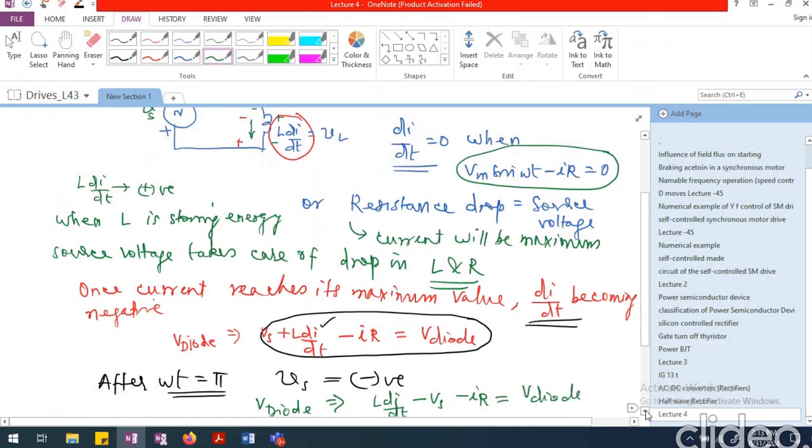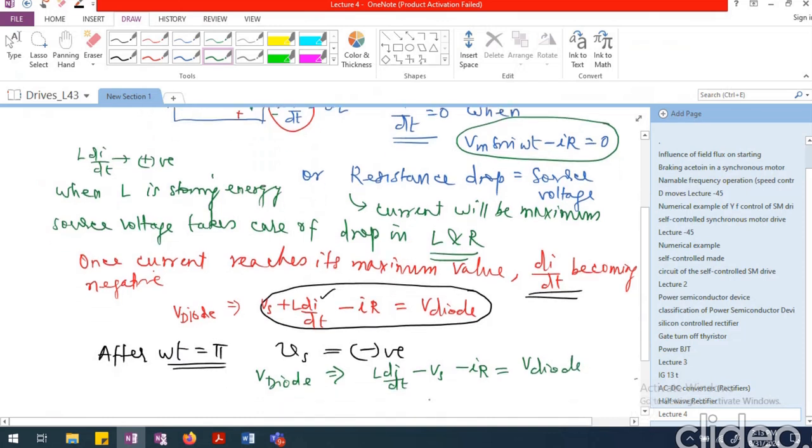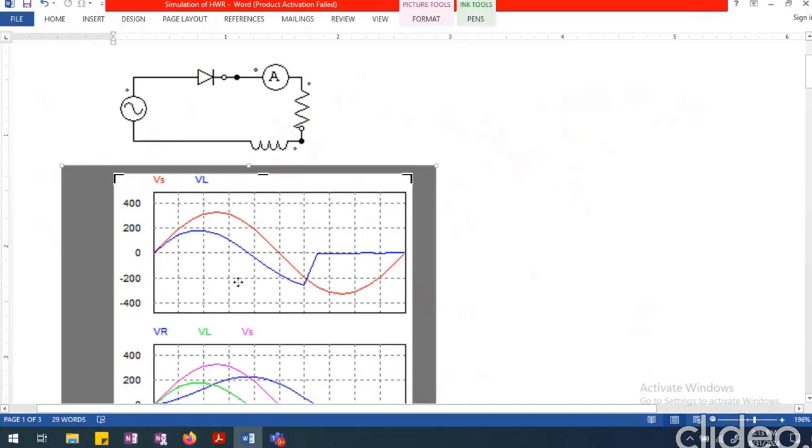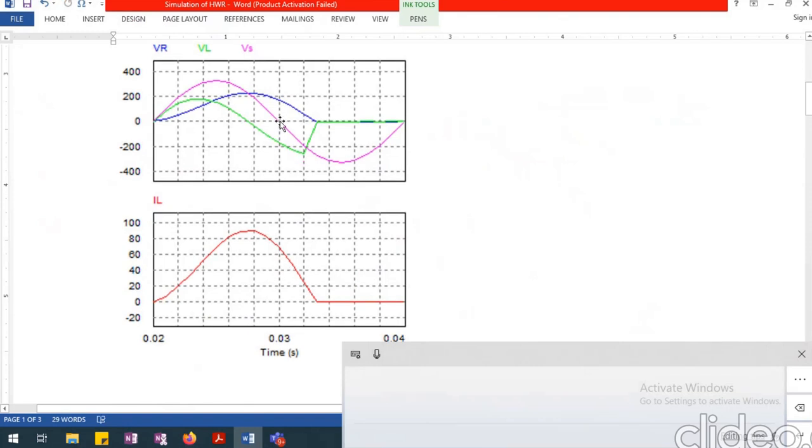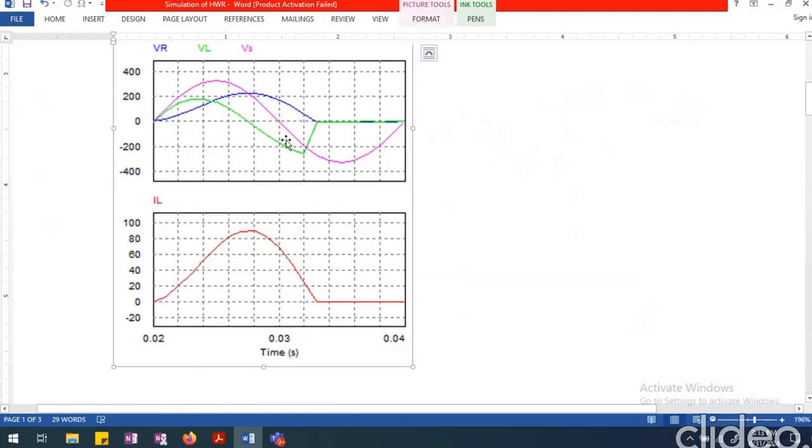So as long as the inductance is able to overpower the source voltage and IR drop, it will be able to forward bias the diode. And that's why you see that the diode is still able to conduct and the current is still flowing in the circuit despite the positive half cycle getting over. The positive half cycle is getting over right here, but still you are having essentially the current flowing.